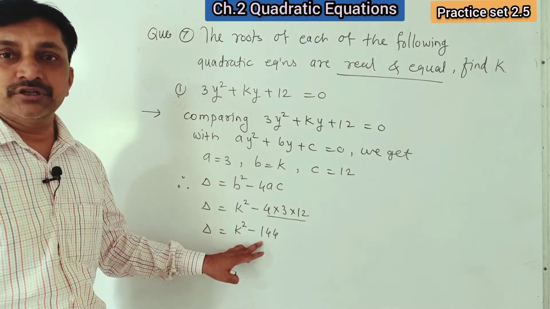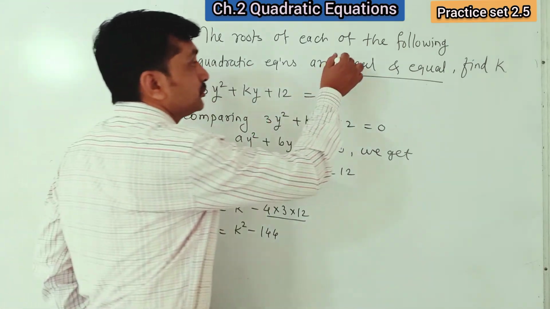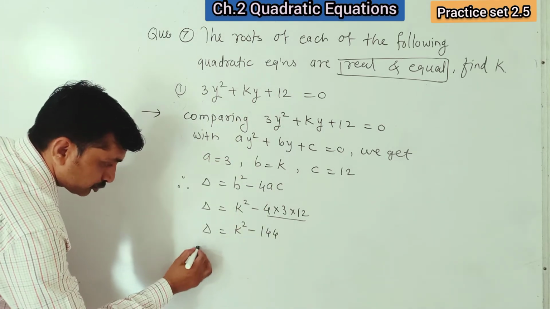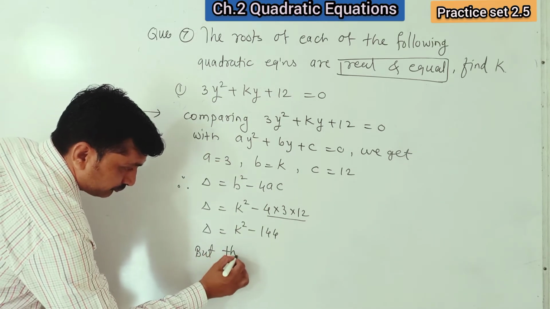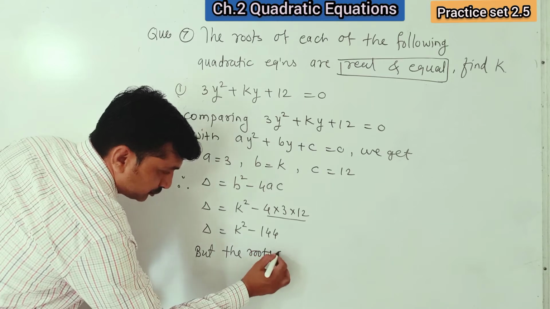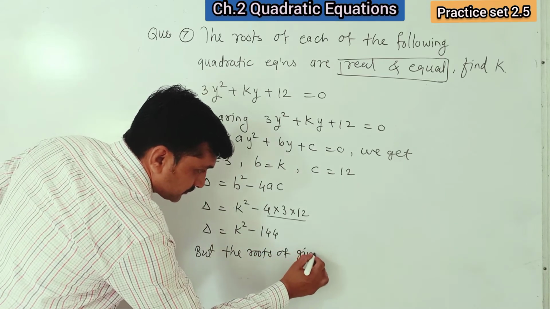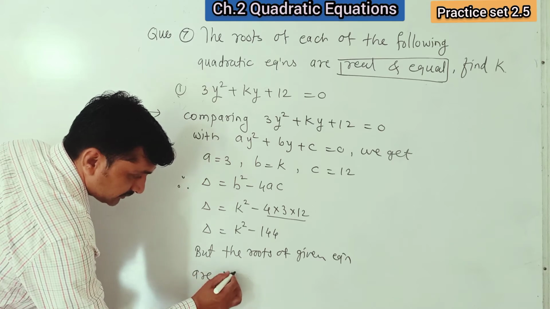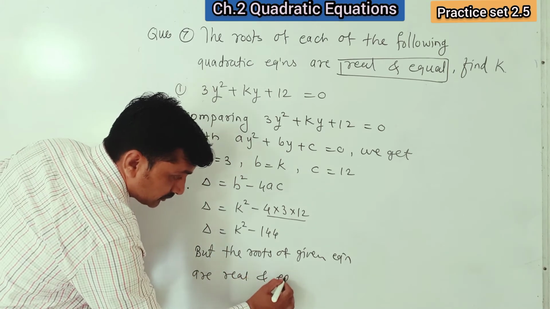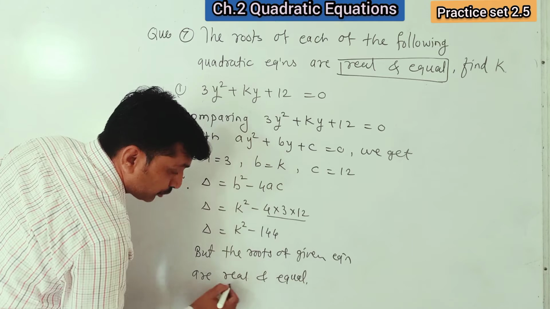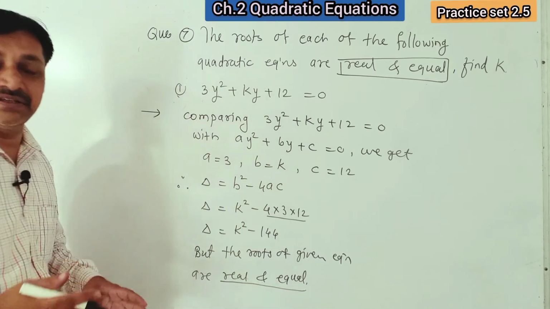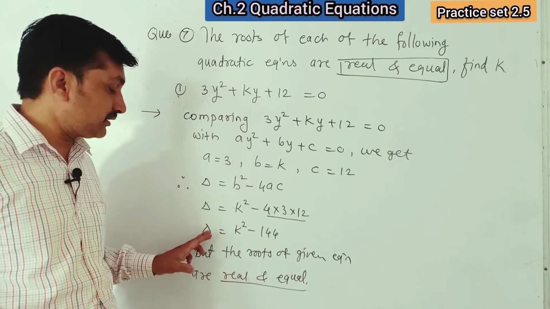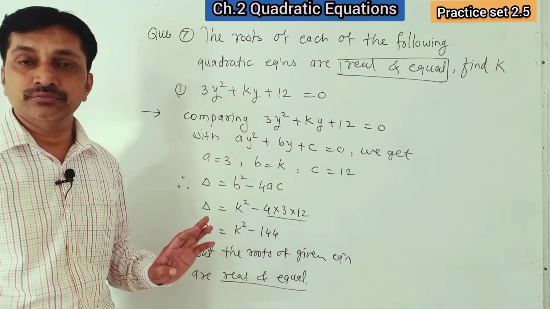But what is the nature given here? The roots of the given equation are real and equal. And you know that when we say roots are real and equal, by the value of delta, delta is equal to 0.